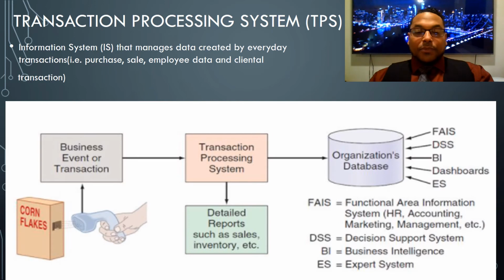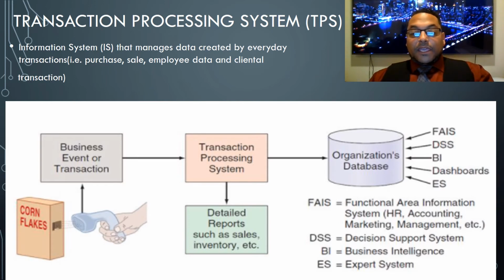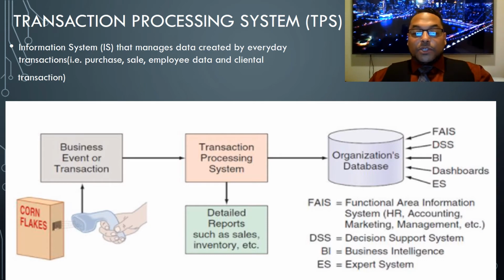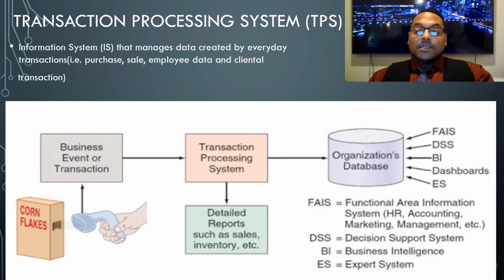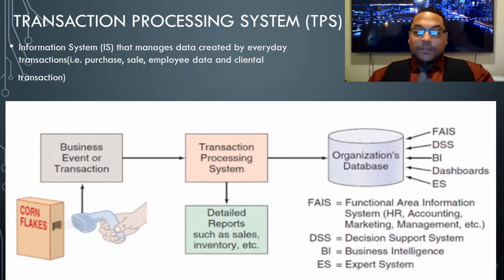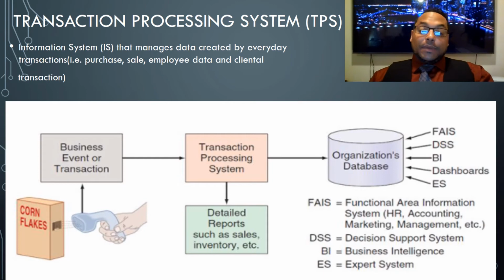So, in layman's terms, the interaction between the client or the transaction is then processed into the system, right? Detailed with outcomes, and that information adds to the organization's database.